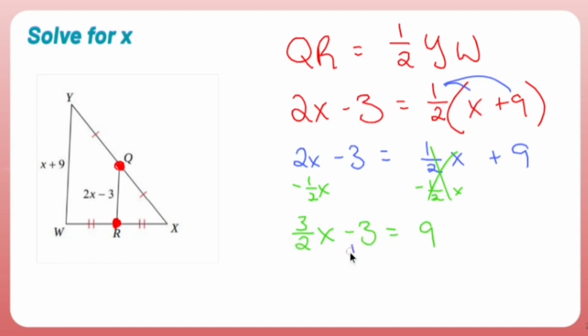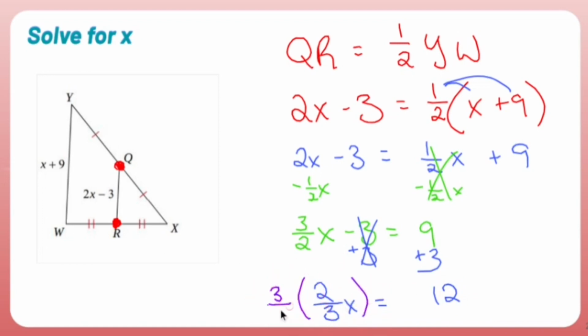So I'm going to add 3 to both sides. 3/2 x equals 12. And rather than dividing both sides by 3/2, let's multiply both sides by the reciprocal of 3/2, which is 2 over 3. So I'm going to multiply both sides by 2 over 3.